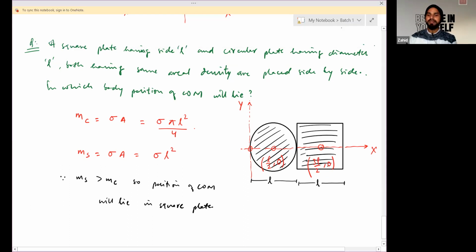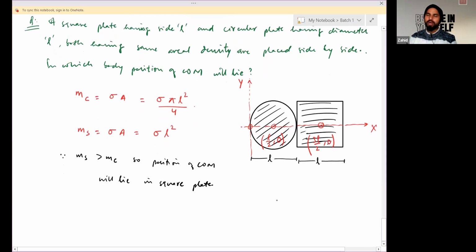No, sir. Now you have both the coordinate of each body and the mass of each body. Now we can treat this two-body system as a two-particle system.